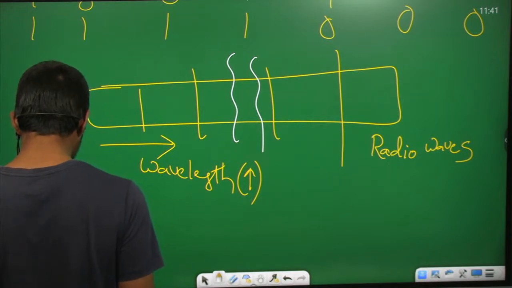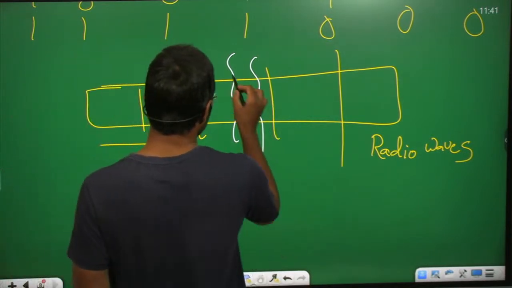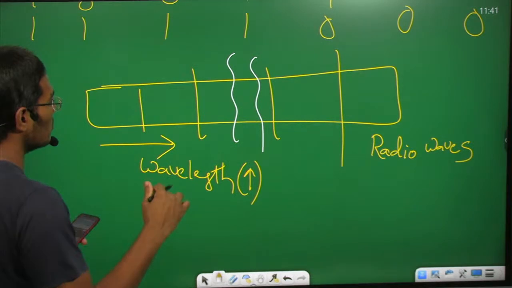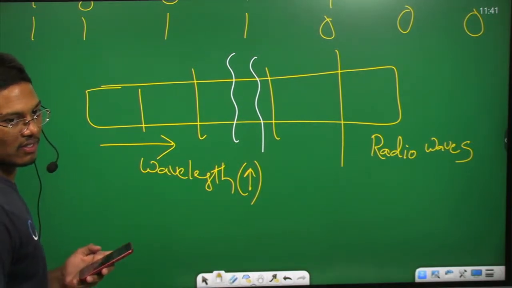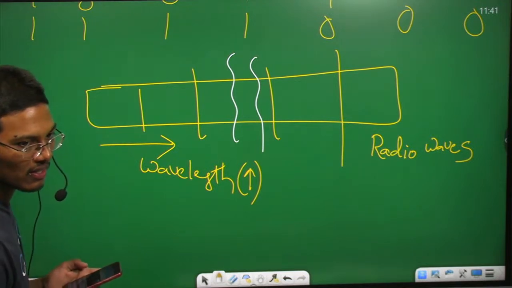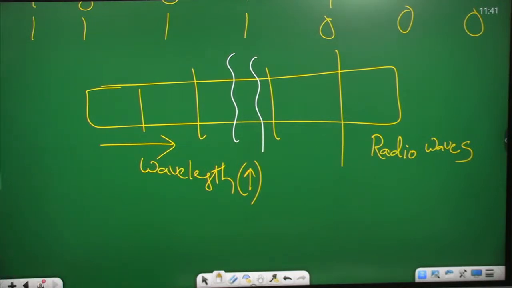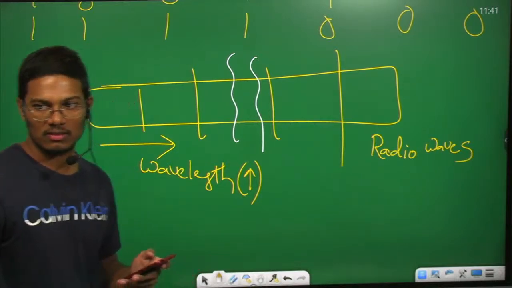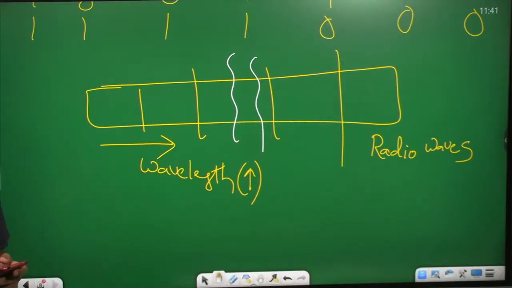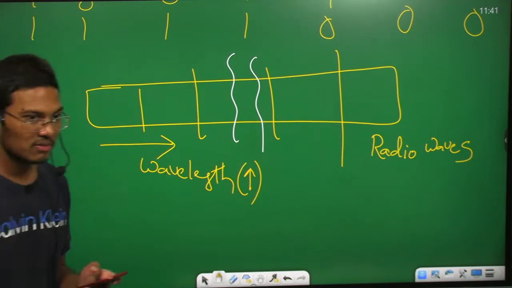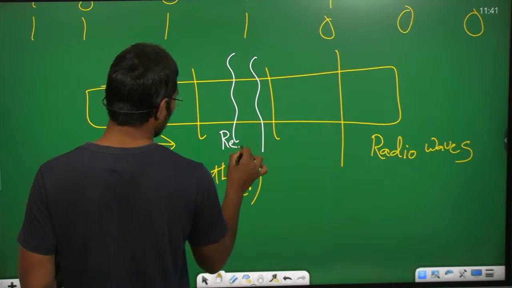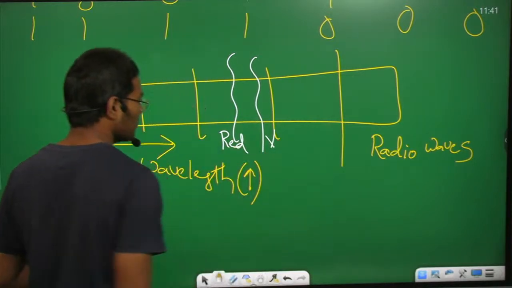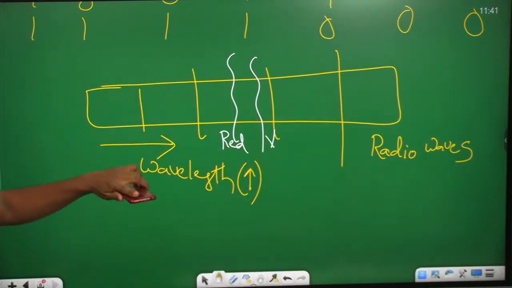So will red be towards right or left? Will color red have the maximum wavelength or minimum wavelength? Here you get red, here you get violet. So violet will have maximum wavelength.